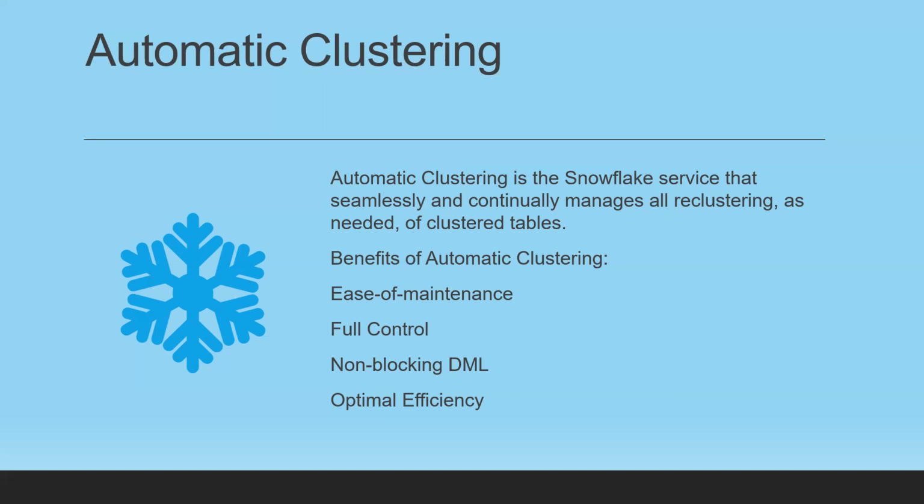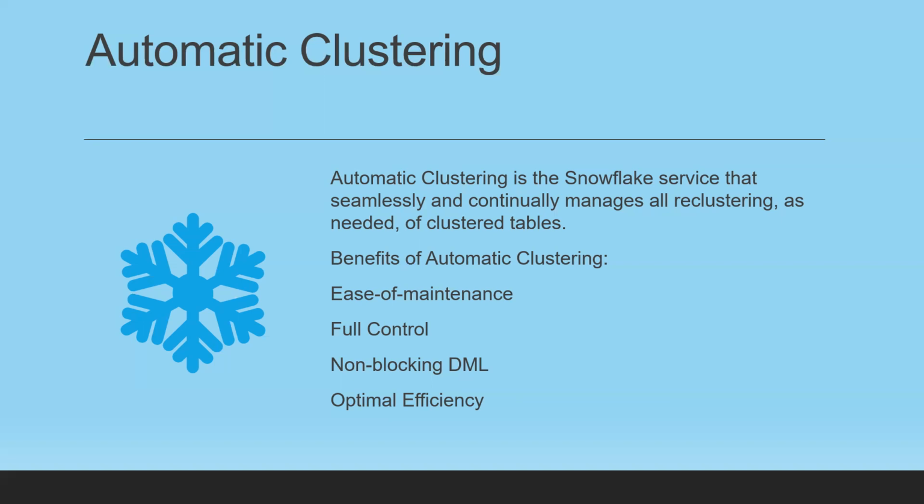Let's talk about the other two benefits. Non-blocking DML: automatic clustering is transparent and does not block DML statements issued against tables while they are being reclustered. And the last benefit is optimal efficiency. With automatic clustering, Snowflake internally manages the state of clustered tables as well as the resources used for all automated clustering operations.